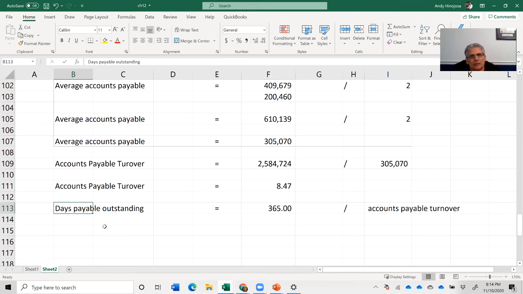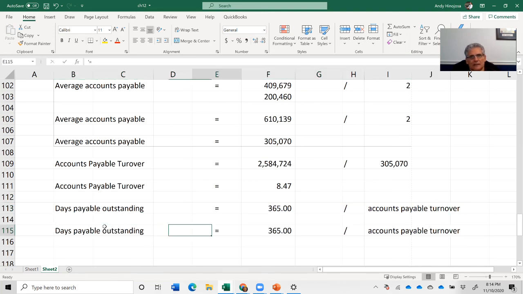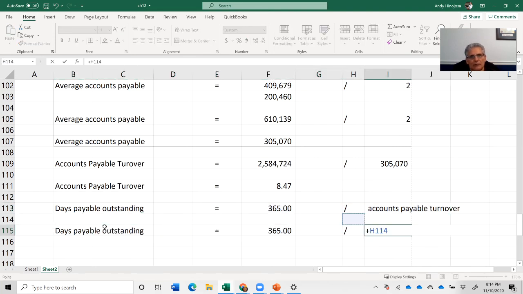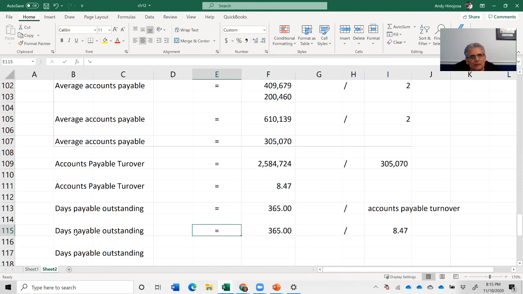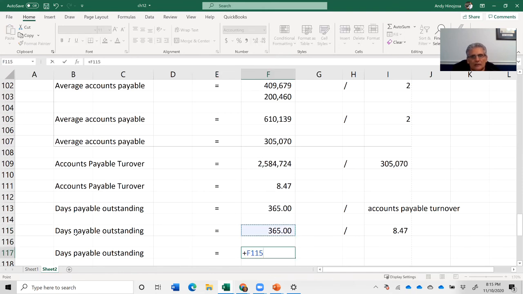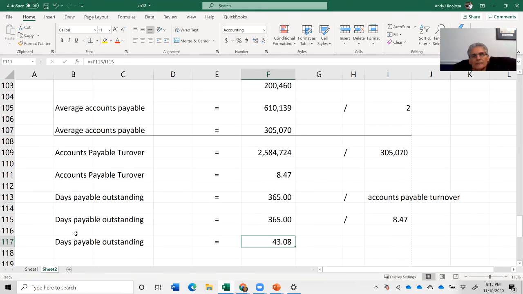So we can restate this: 365 divided by 8.47, which is what we computed the payable turnover rate to be. And our days payable outstanding will be equal to 365 divided by 8.47, which is 43.08.